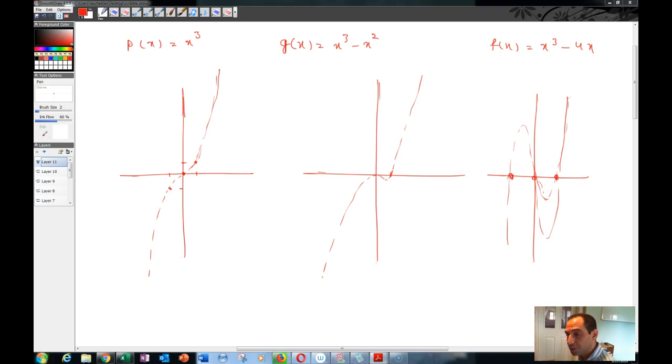Therefore, a polynomial p of x of degree n has at most n zeros. That's the important thing here.